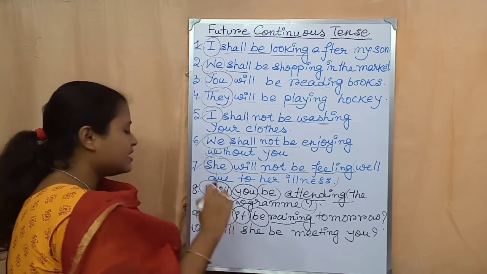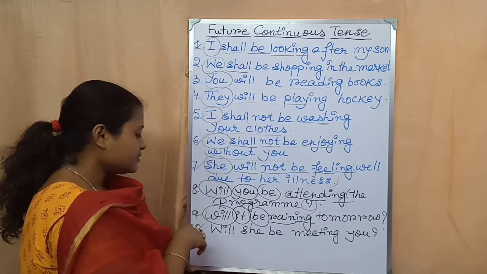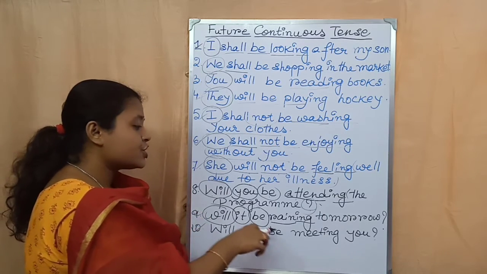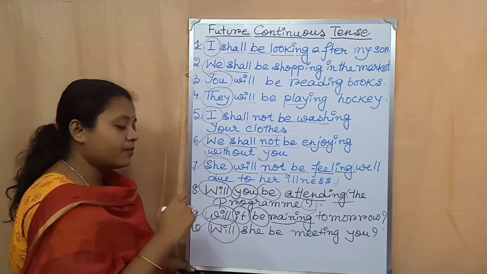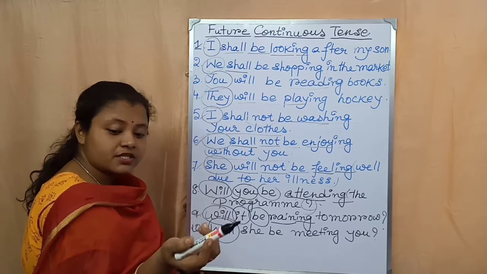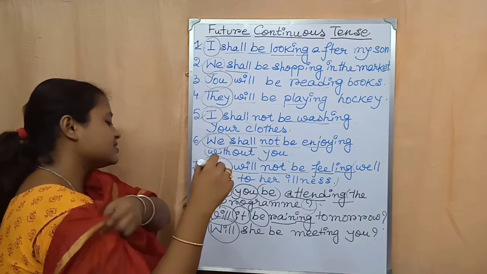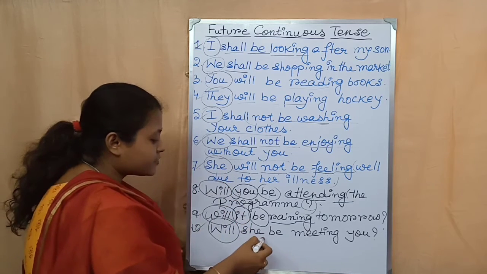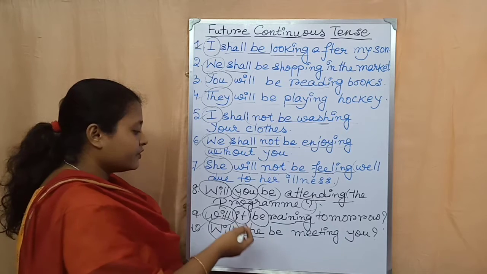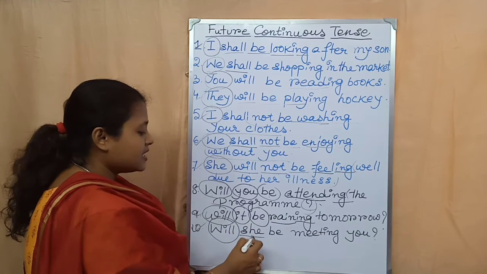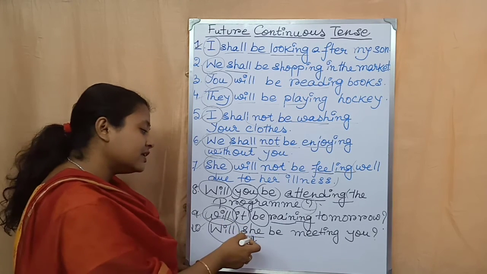Now come to the last sentence. Number 10. Will she be meeting you? Here will is the auxiliary verb because we are talking about the future tense. So that is why will is the auxiliary verb. After that she is a third person. It is written in third person singular number.